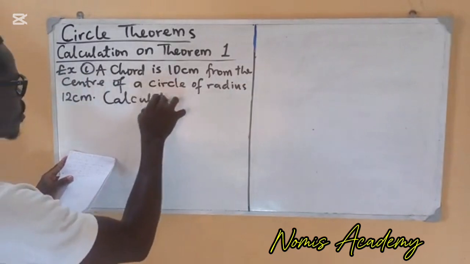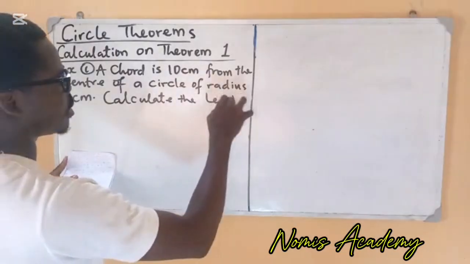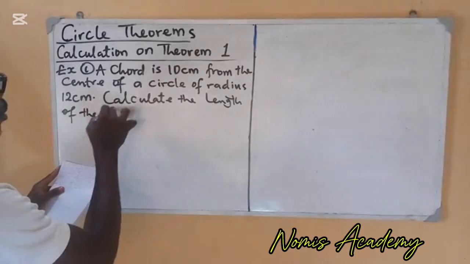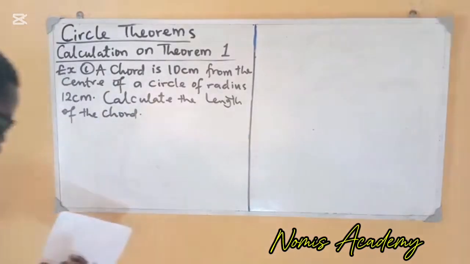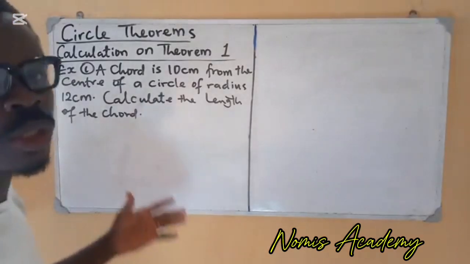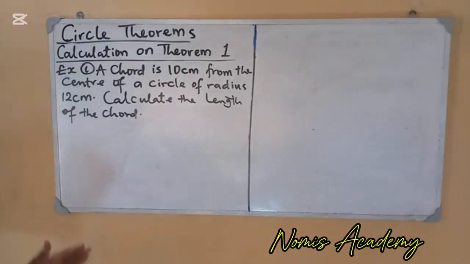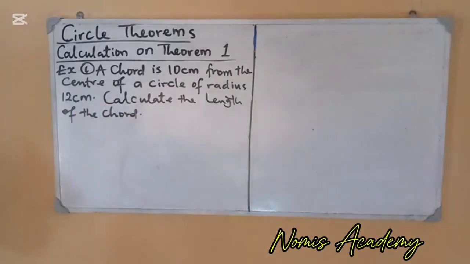Calculate the length of the chord. Alright, to understand the question, we need to make a simple sketch, draw a circle and interpret the question, and then we go ahead to solve the problem.